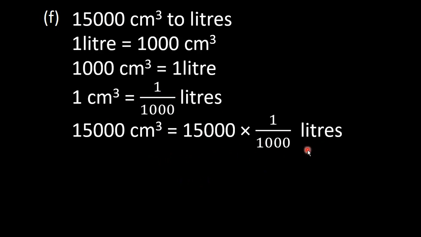Now 15,000 divided by 1,000 is 15 liters. So that is going to give us 15 liters. Yeah, so that's how you can convert these things, that is, converting the cubic units.